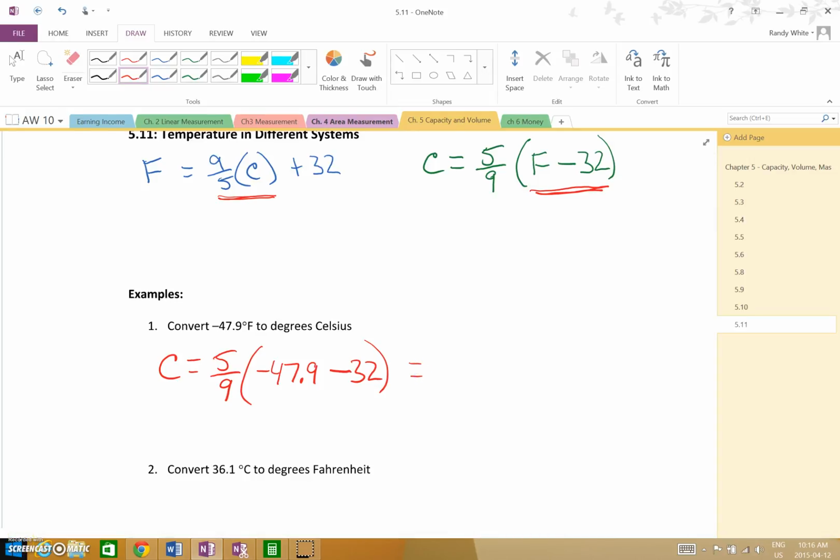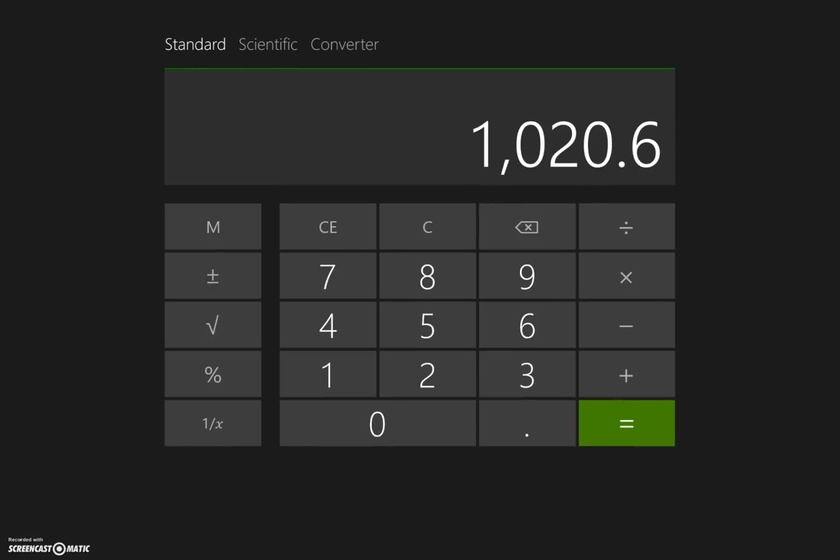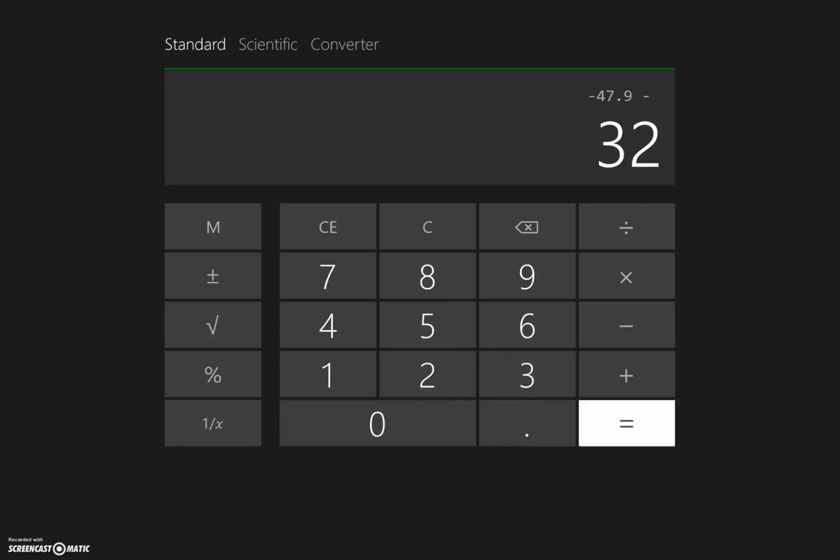So we'll try this out on our handy dandy calculator here. I'm going to take -47.9. Here's my plus-minus, that's going to make it negative. So minus 47.9, I minus the 32. So that's minus 79.9.